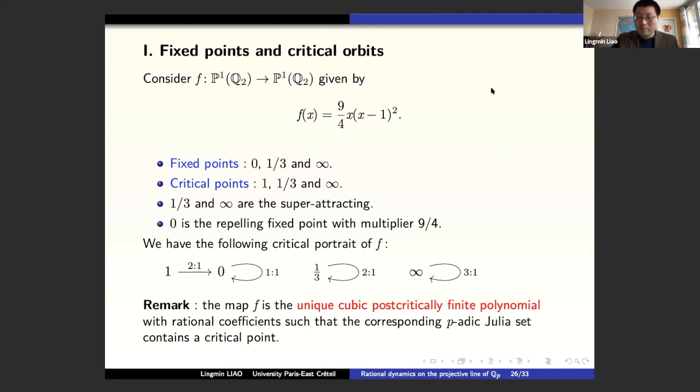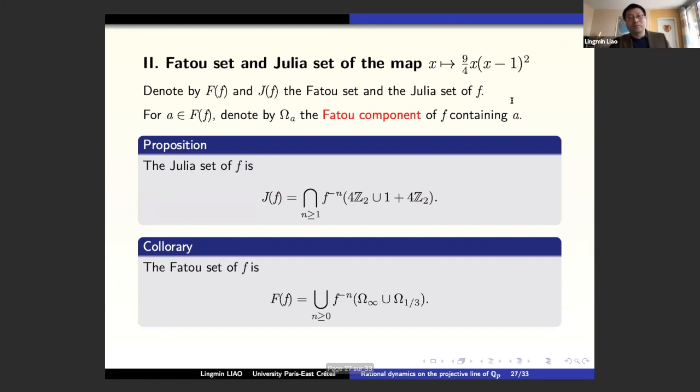So just this polynomial. And well, the first thing is, what is the Julia set and Fatou set? Yeah, so this is the Fatou set. This I call the Julia set. So one notation is you have one point in the Fatou set, you have a component. So nearby all these are all Fatou parts. And the Julia set and Fatou set we can find.